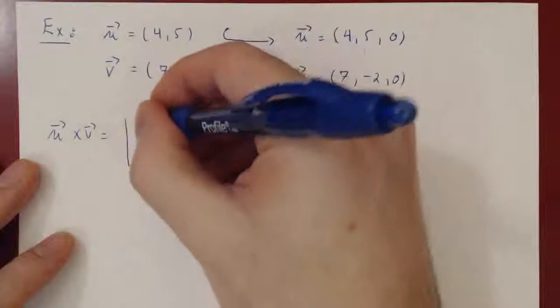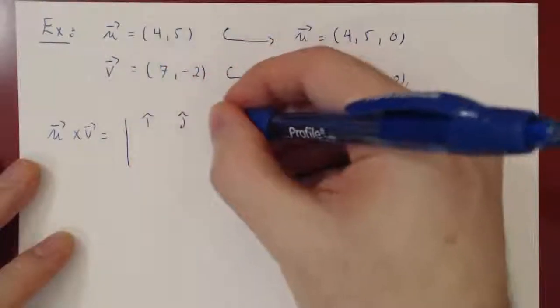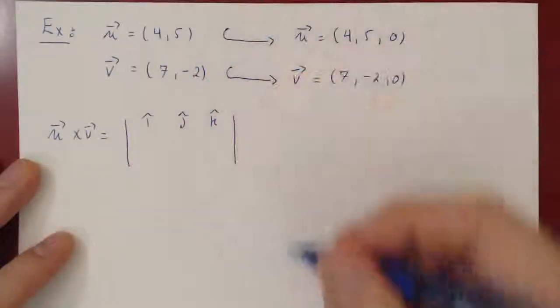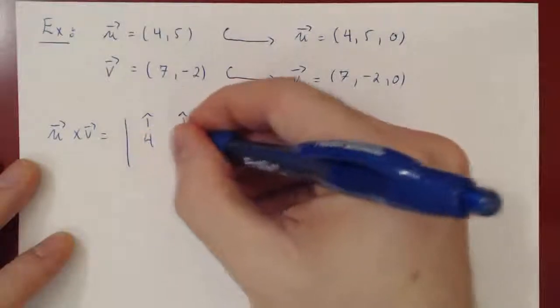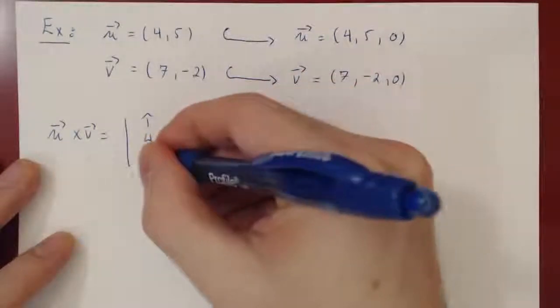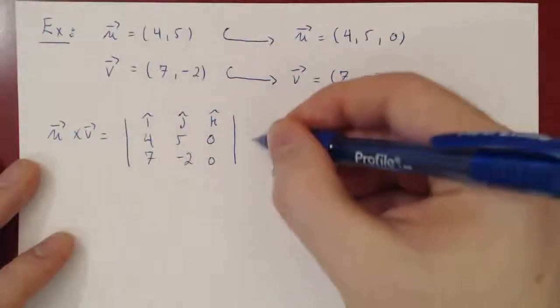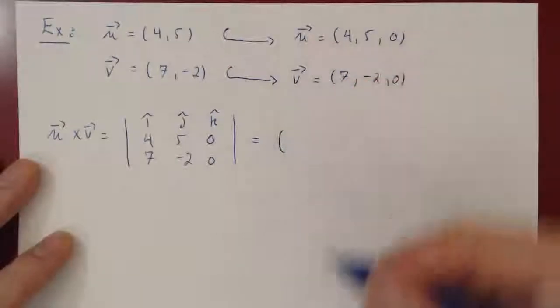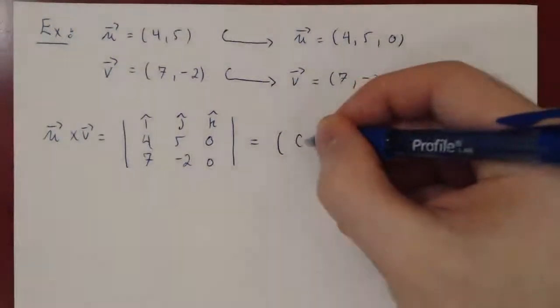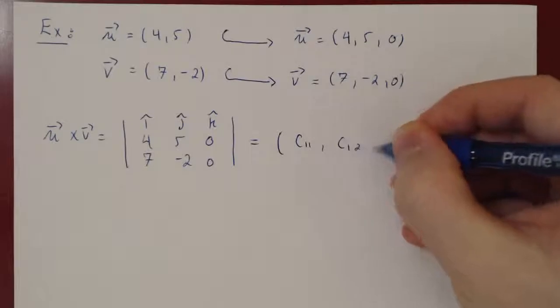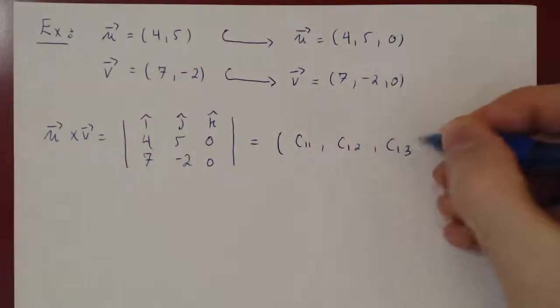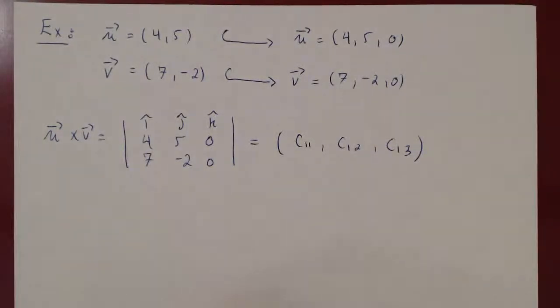as before, is the determinant with the first row being the three fundamental vectors i, j, k. U is (4, 5, 0). V is (7, -2, 0). And now we can cross our vectors. This is C11, C12, C13. And as you'll see, we'll get a surprisingly simple vector.